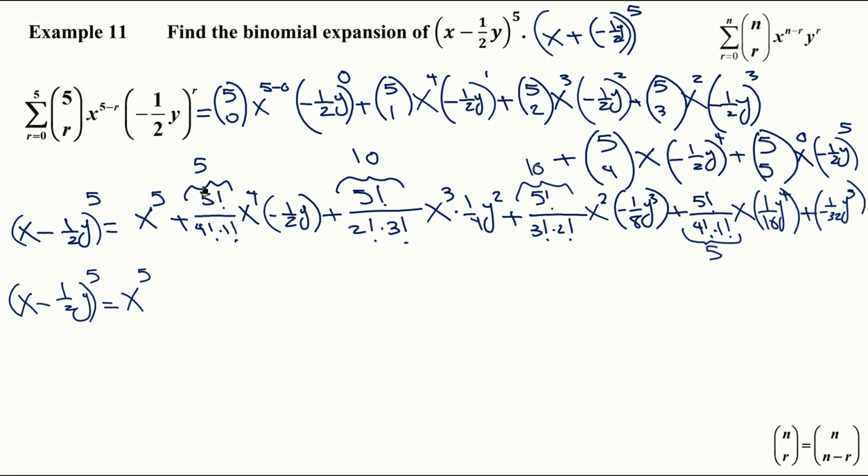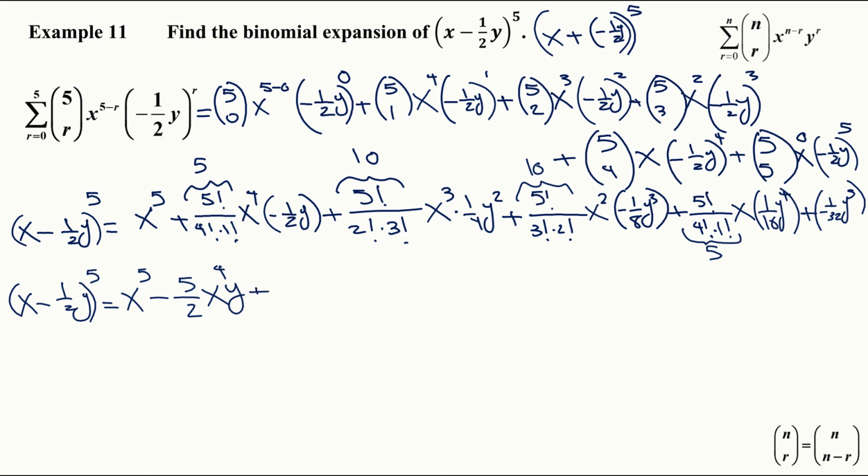Now here I have positive 5 times negative 1/2, so that's going to be minus 5/2 x to the 4 y. And then we have positive 10 times positive 1/4. That's 10 over 4, which is the same as 5 over 2.